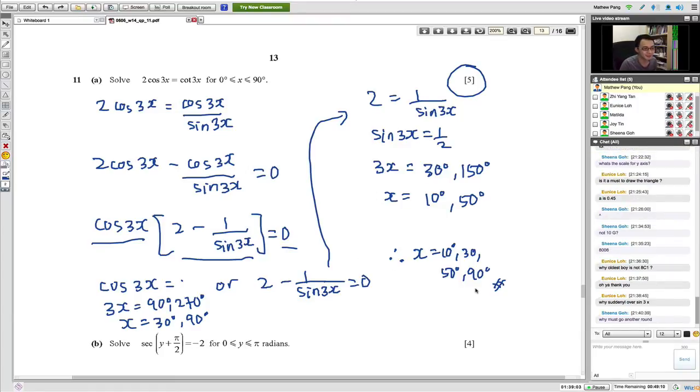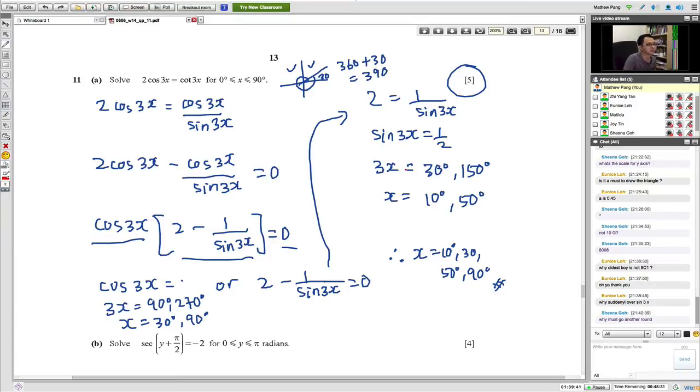Why must we go another round? Okay, because the value is very small. If I go to the second round, sine will still be positive in these two quadrants. If I rotate the second round, if this is 30, this one we call 360 plus 30, so you will get 390. 390 divided by 3 is 130. Then we should go for the second round in this case, so this one shouldn't stop here.